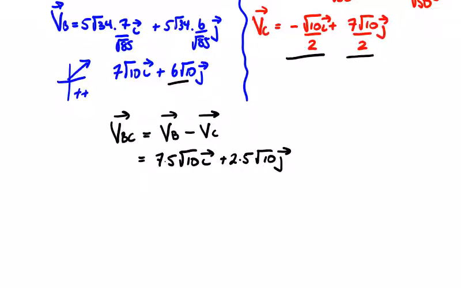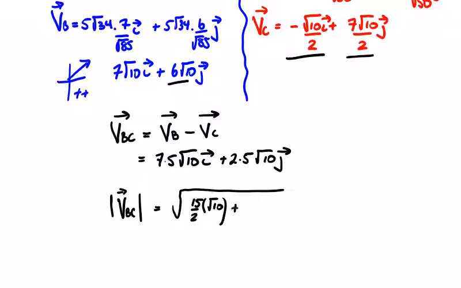And we're asked to show that the magnitude of this is equal to 25. So that's going to be equal to the square root of, well, your calculator will do this for you. If I write 7.5 as 15 over 2 root 10, I'll be able to do it without a calculator, to be squared, plus 5 over 2 by root 10. So you type this into your calculator as I'm doing it here manually, 225 over 4.